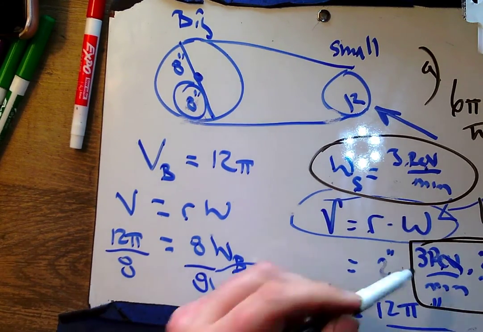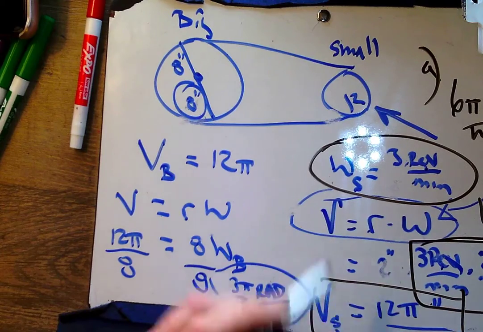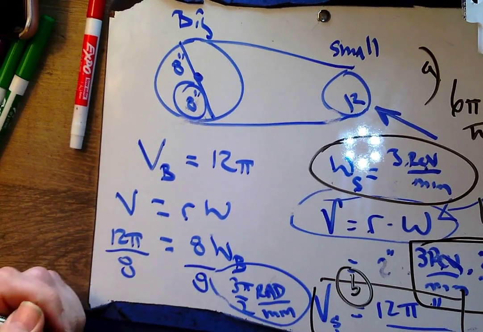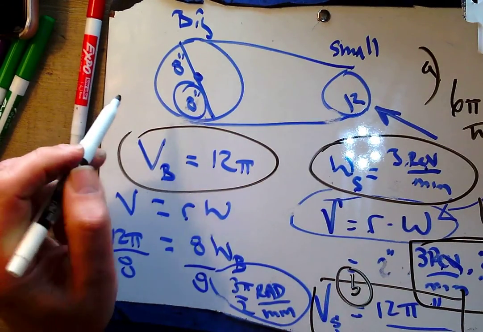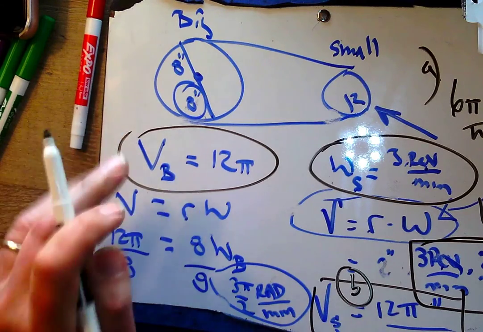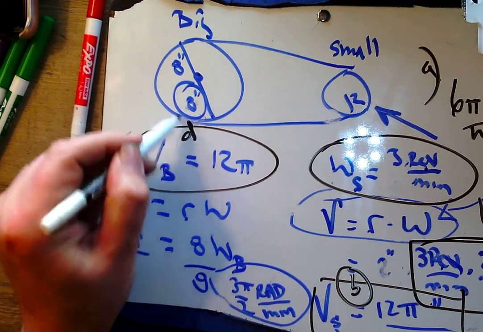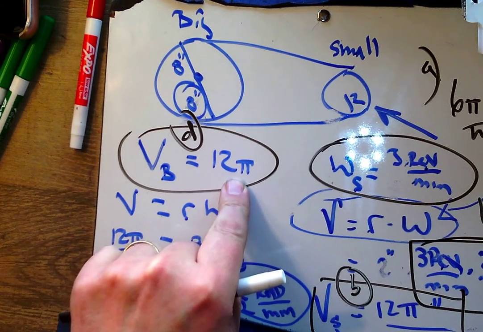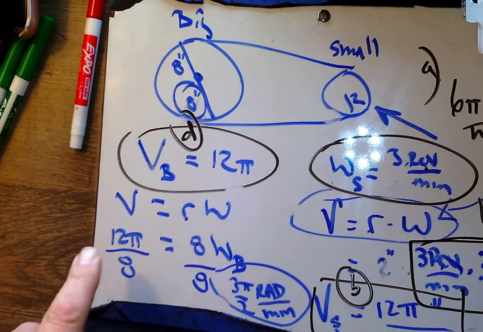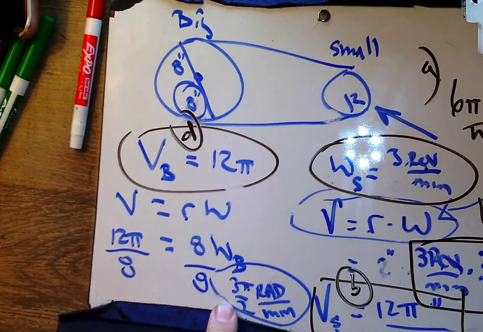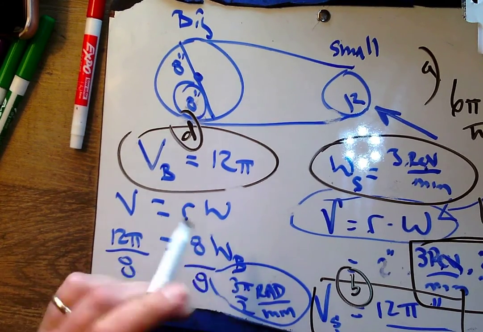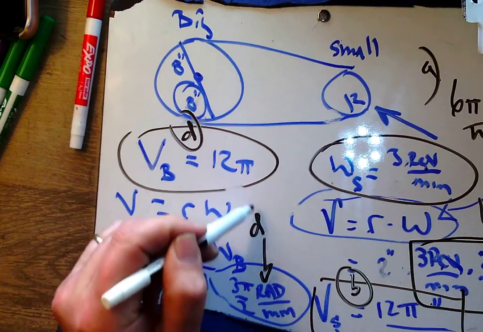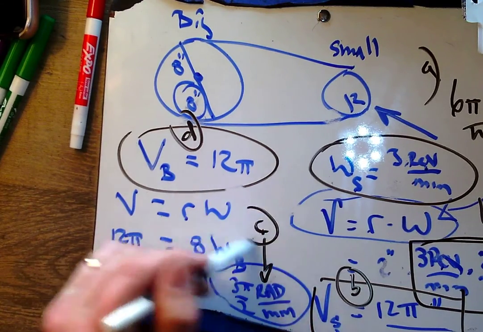Yes, inches per minute. There's the linear velocity of the small one. That's part B. Here's part C. Is it part C? No, this is part D. This is part D, the linear velocity of the big wheel. And then what about the angular velocity of the big wheel? Well, that's this work here. And so we get this for part C.